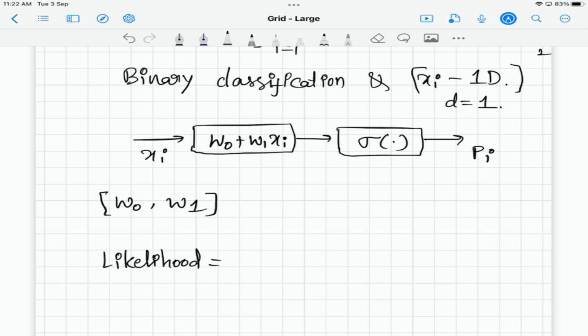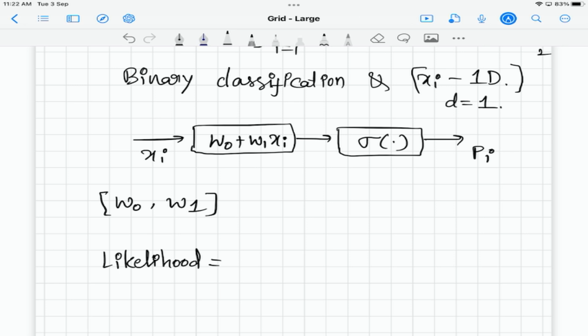The likelihood should be minimum whenever they are not similar. This is a kind of Bernoulli distribution. Pi is a single probability and you have the other class, so this is a Bernoulli probability, with 0 and 1 possibilities.